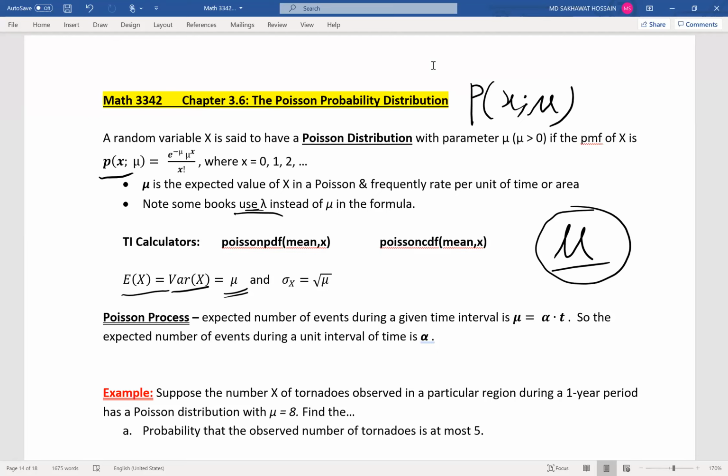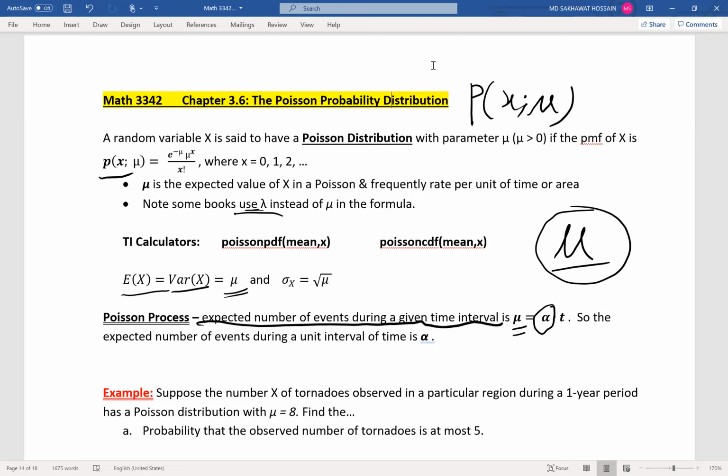So in the Poisson process, mu is the expected number of events during a given time interval. And sometimes mu will not be directly given. Sometimes you will be given another value, and we denote it with alpha. And alpha is the expected number of events during a unit interval.